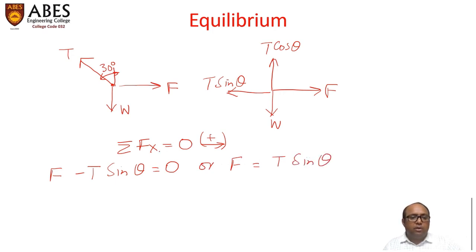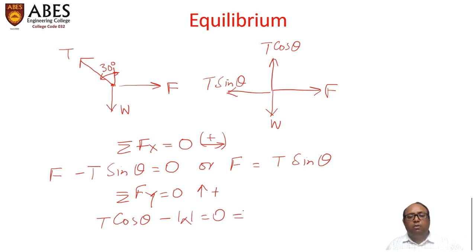The second equation is that the sum of all forces in the vertical direction is 0, taking upward as positive. So T cos theta minus W equals 0. From this we get W equals T cosine of theta.